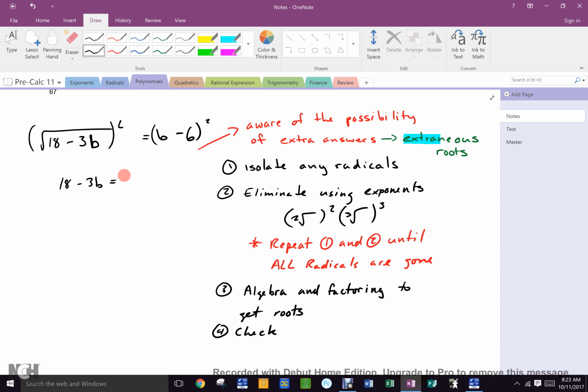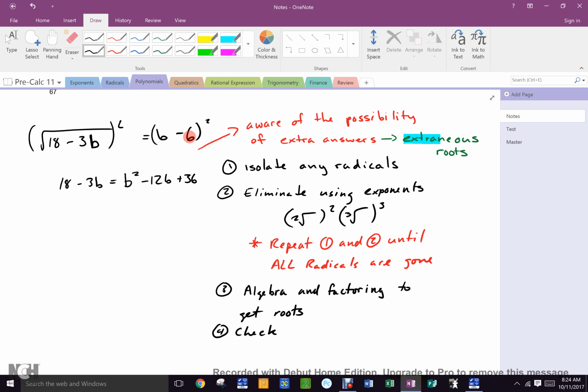No. It's b squared minus 6 minus 6 minus 12b plus 36. Why? FOIL. Right? That's why I do the polynomial multiplication.